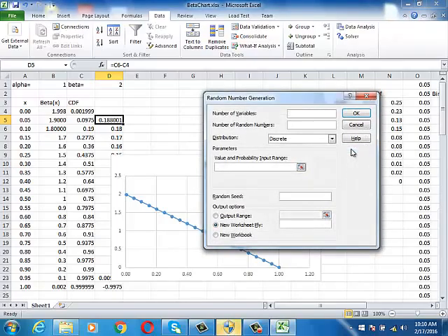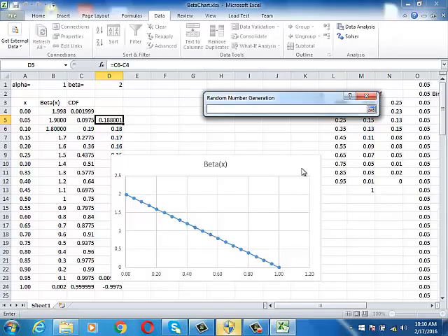Okay, so now I'm going to just set the number of variables to be 1, and I'm going to generate 100 random variables. And now I'm going to use this value probability and input range.